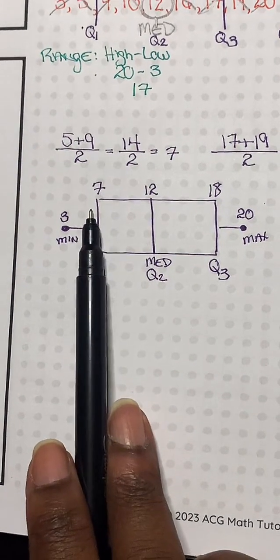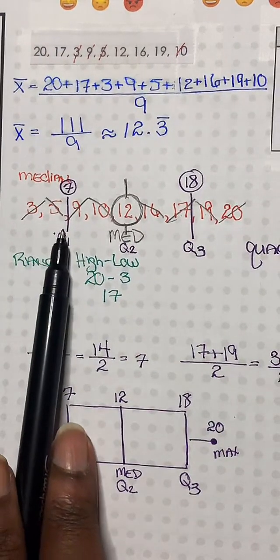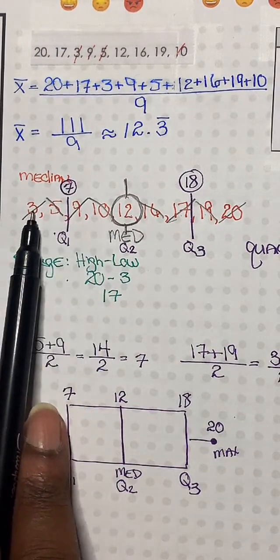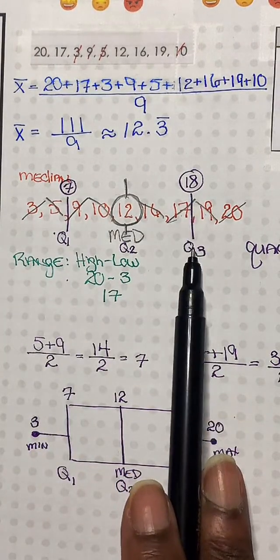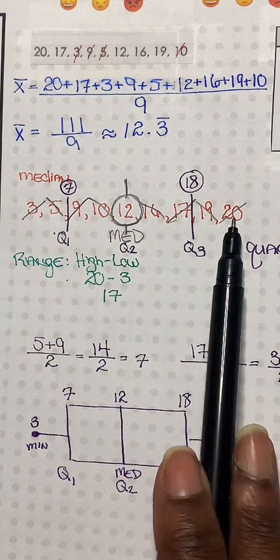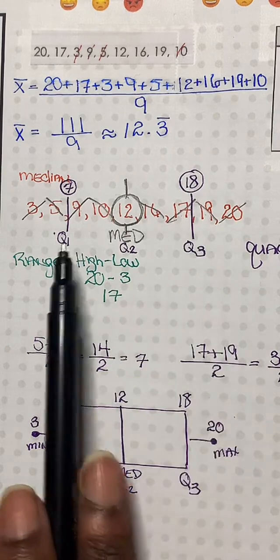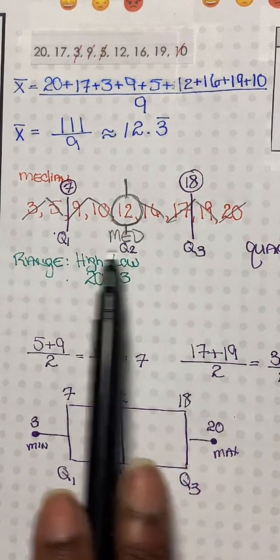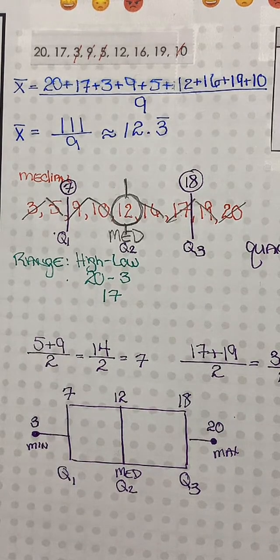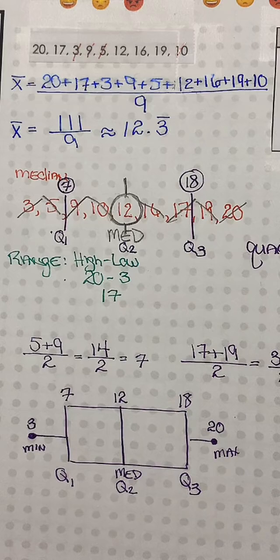All right, so 7 was the median of my lower numbers, my lower quartiles. 18 was the median of my higher numbers, my upper quartiles. So when you do that, you find your Q3 and your Q1. Box and whiskers, or box plots.